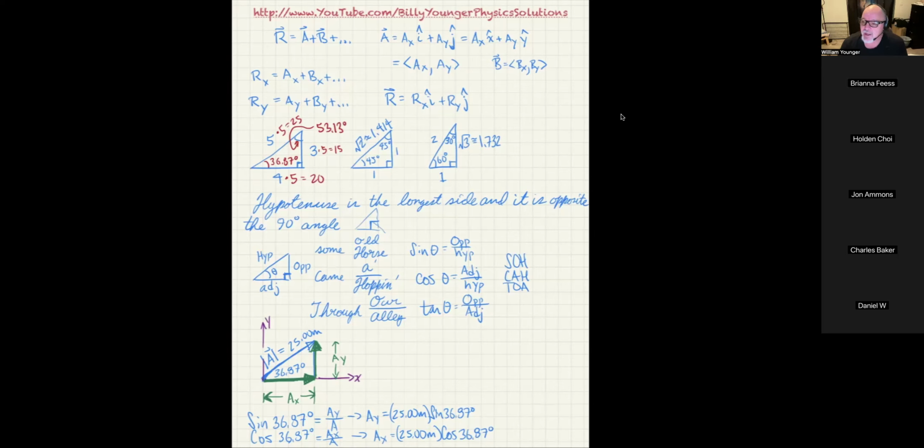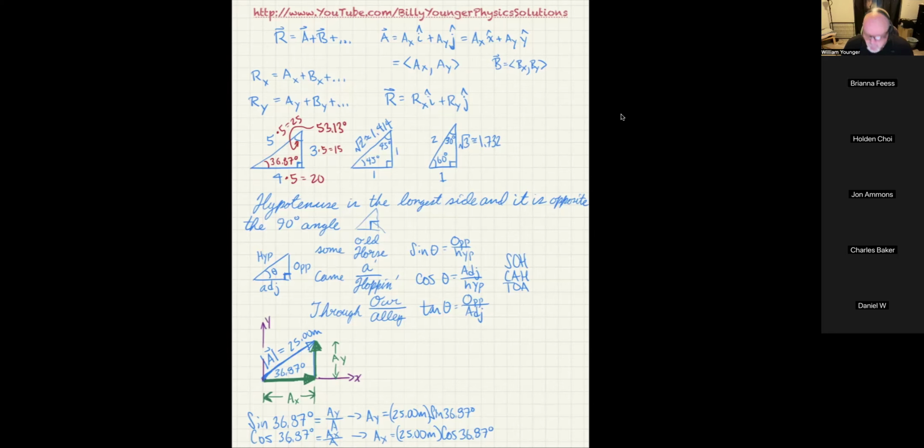They want you to be that fast so you can do vectors without using your calculator. So I'm showing you how you can do it without your calculator, because I could look at sine 36.87 and see that sine is opposite over hypotenuse. So that's 3 divided by 5. And I immediately know that the sine of 36.87 is 0.6.